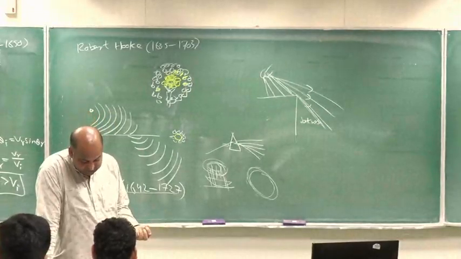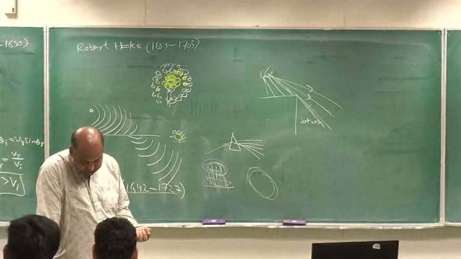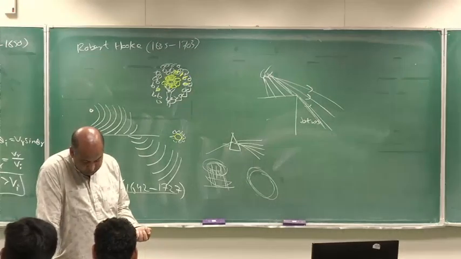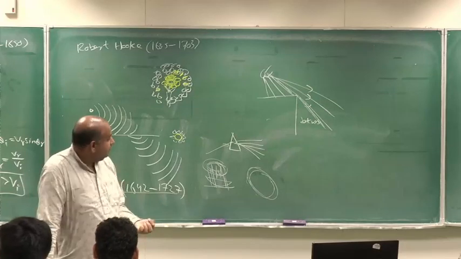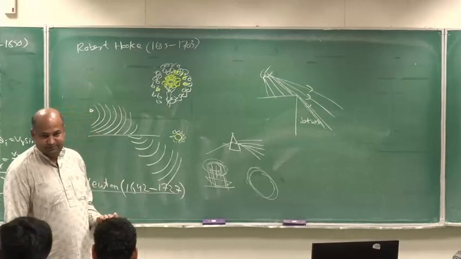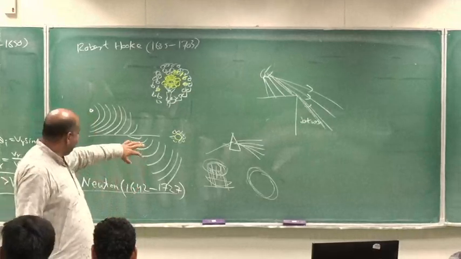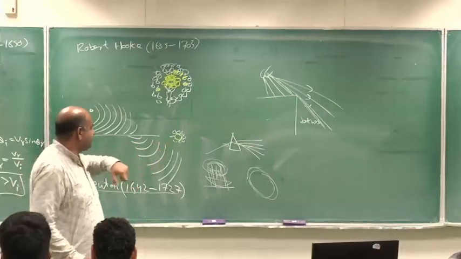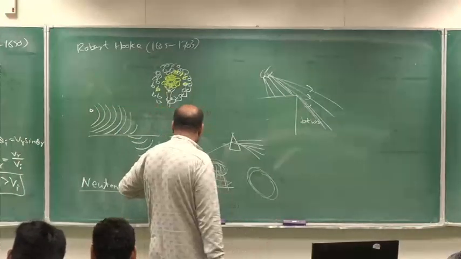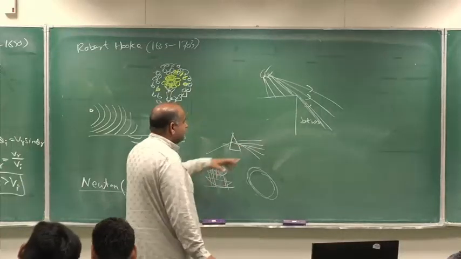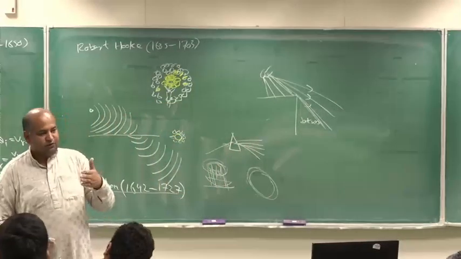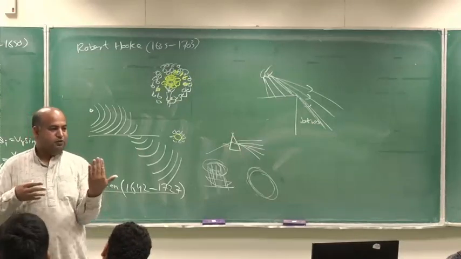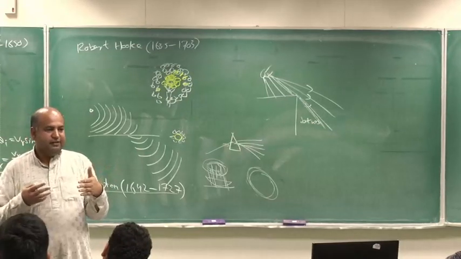Then there was another objection to the wave theory from Newton, and that was of polarization. Actually, recently in this time, it had been discovered that light can be polarized. You have a polarizer, you tilt it like this and tilt it like this.